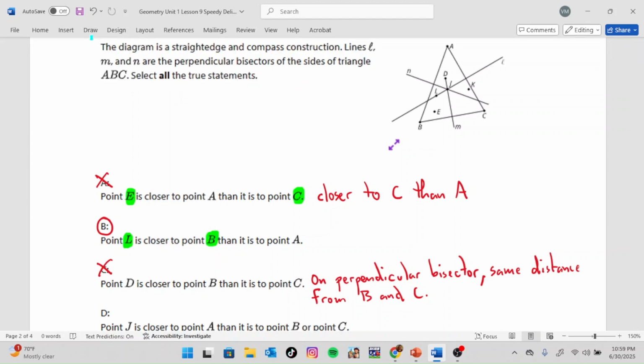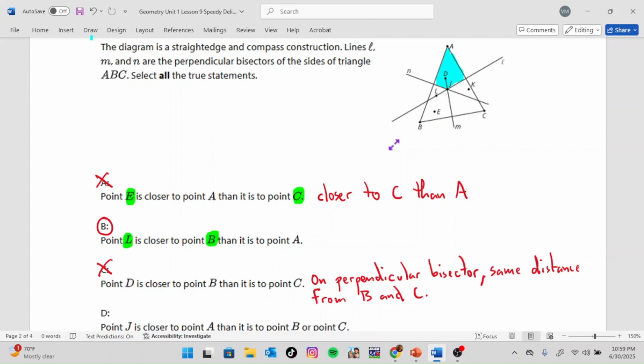Now, our next choices are all going to compare a fourth point with points A, B, and C. So what we need to look at is anything that is above line L is closer to A than it is C. And anything above line N is closer to A than it is B. So this top part of the triangle, I'm going to shade in blue.